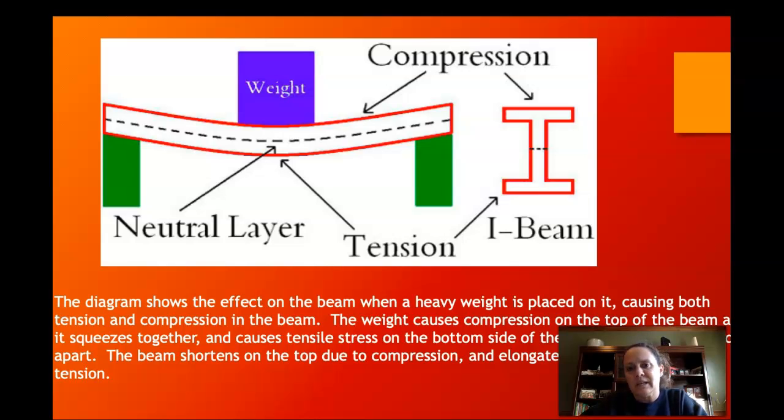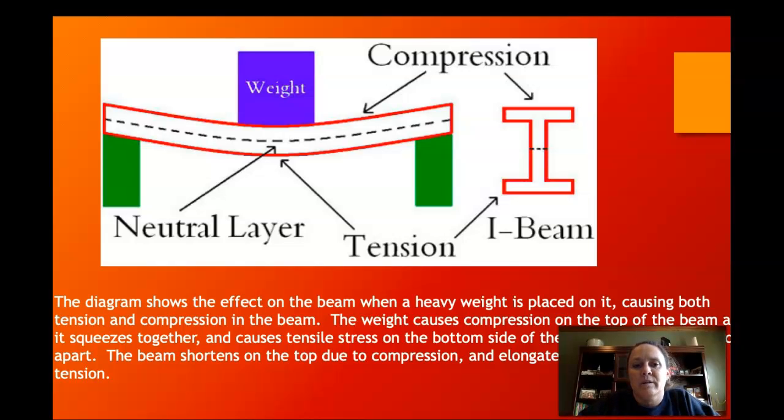This goes along with the activity that you did. If we put a weight on a beam like that, and that beam is an I-beam, as they show you over to the side, the red line directly under the weight is being compressed, but the red line at the base is being stretched.